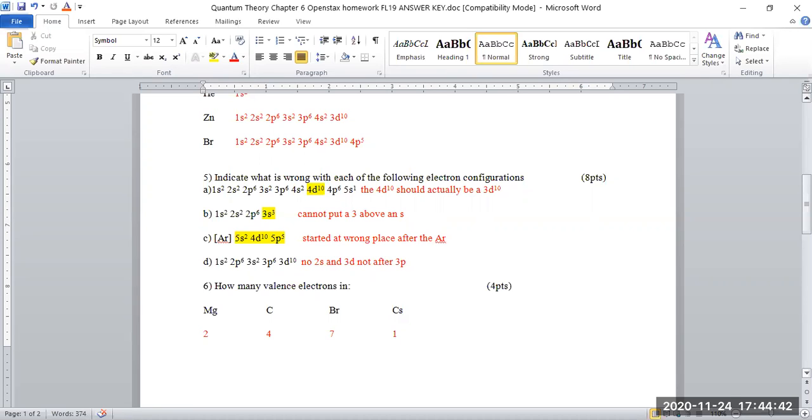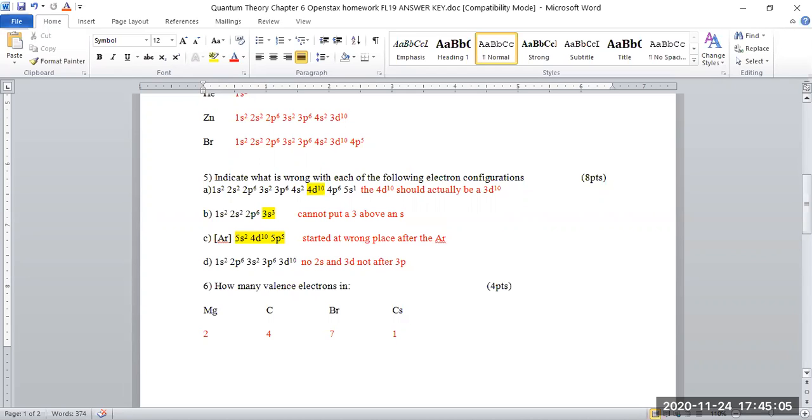So once you have filled up the argon, instead of starting with 5s2, it should start with 4s2 and 3d10, and then whatever else comes after that. And letter D has a skip.